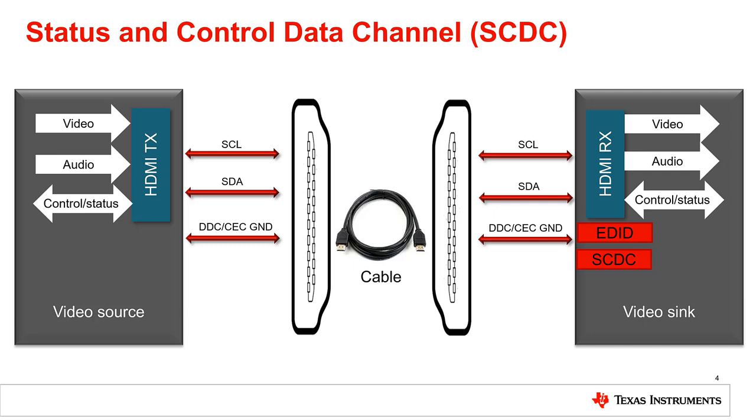Syncs that support SCDC must incorporate a valid HF-VSDB and set the SCDC present bit to 1 in the EDID. The video source must verify the presence of a valid HF-VSDB and that the SCDC present bit is set to 1 in the EDID before attempting to read SCDC registers.